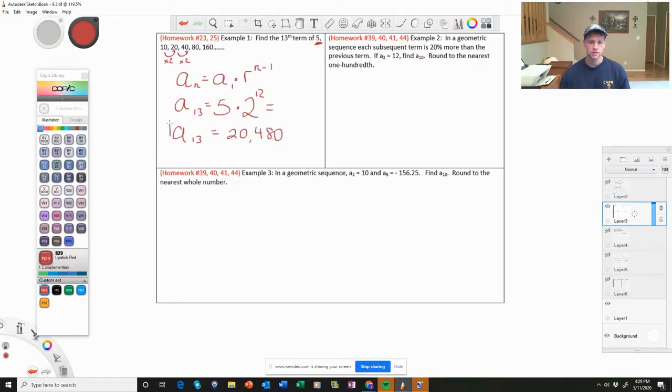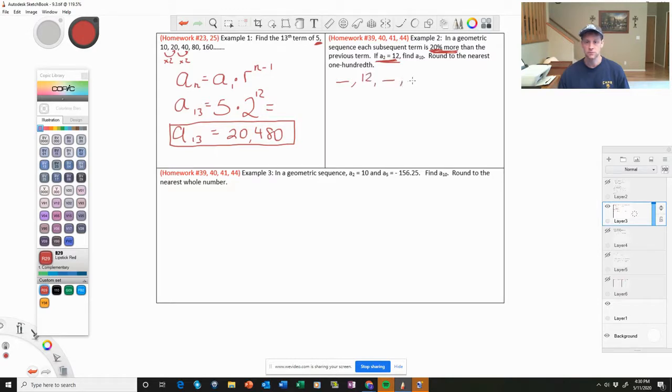These particular sequences can get really big really quickly because you're multiplying. It's exponential growth. All right, here's a second example. In a geometric sequence, each subsequent term is 20% more than the previous term. If the second term is 12, find the 10th term. All right, I'm going to leave some blanks here. First term, I don't know. Second term is 12.